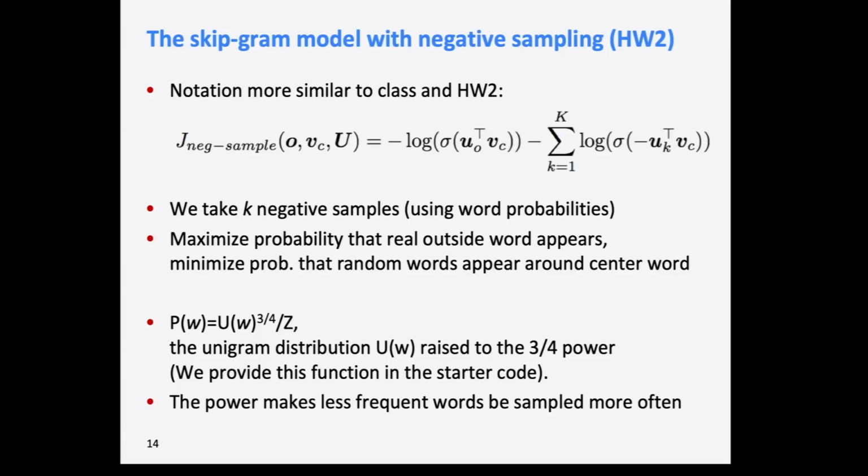And we've got two terms. The first one is the log of the sigmoid of the observed context word, the outside word, dot producted with the center word. And we're going to want that to be big. And then on the other hand, we've got the randomly chosen k words, which are just other words, and we're going to work out dot products between them and the center word, and we're going to want those to be as small as possible.